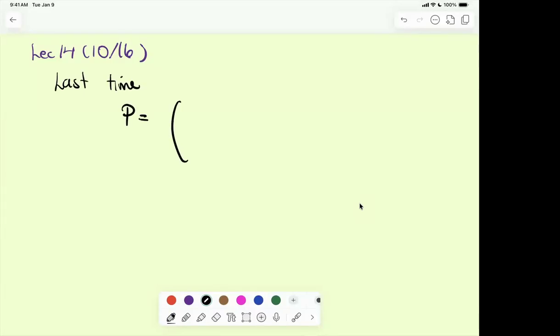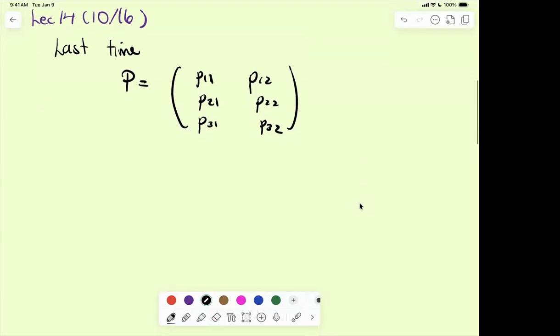So yeah, last time we had a joint probability matrix. And what I had told you is, well, what if you take the square roots of the entries?